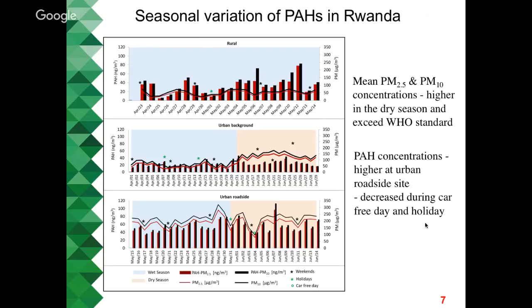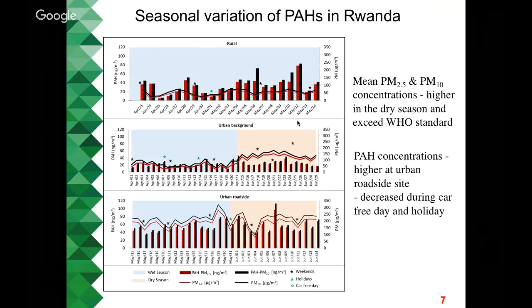And also, if you compare rural, urban background, and urban roadside, the highest concentration of this compound was found in urban roadside, followed by the rural site because of wood burning, and the last was urban background, which is a residential high-end area where they cook using only electricity and gas.